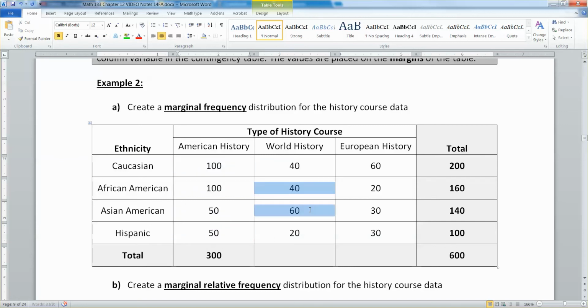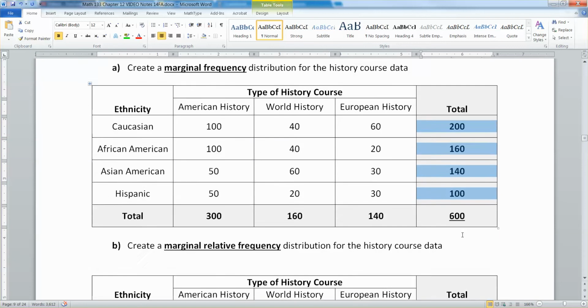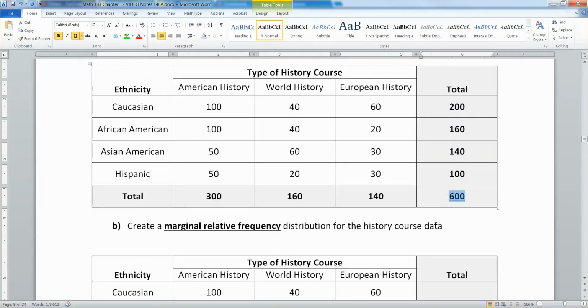And then this would make 160. And this would make 80, 60, 140. And if I do it right, then these 3 numbers and these 4 numbers should all add up to the same grand total of 600. So the total of the column totals and the total of the row totals should all make the same grand total of 600.